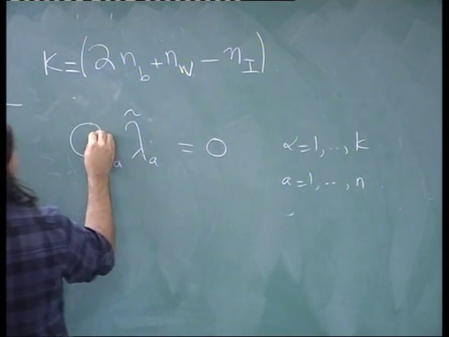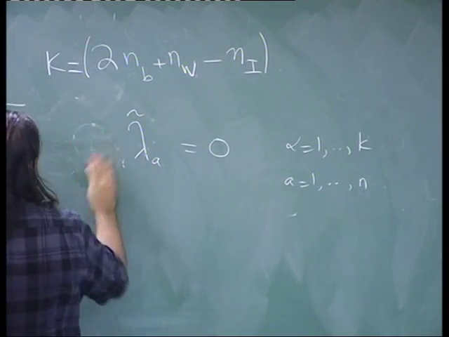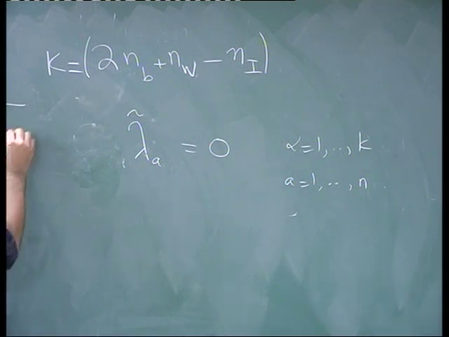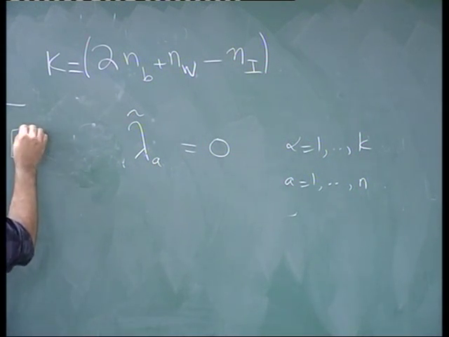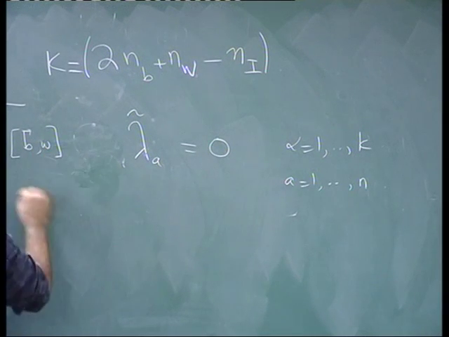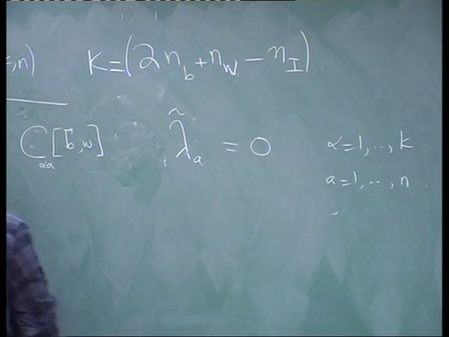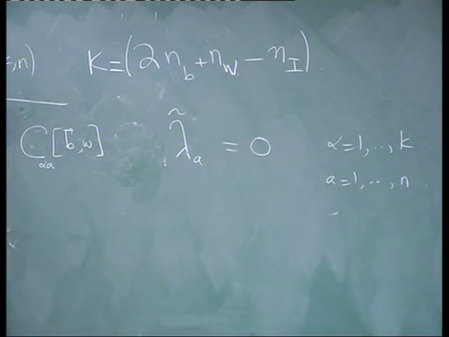The c, of course, depends. I have to tell you how to eliminate all these guys, but there's some way of doing it. So the c depends on the blacks and the whites, the little coordinates associated with each one of these guys. Okay? But other than that, there's just k linear equations between the external guys. Right?